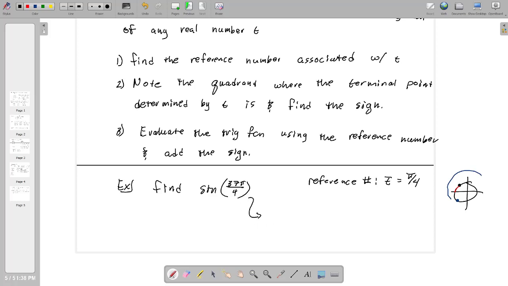So this will equal negative sine pi over 4, where pi over 4 is t bar, that's our reference number, and this sign is because we're in quadrant 3. So normally sine of pi over 4 will be positive because pi over 4 is in quadrant 1. Because 37 pi over 4 gives us a terminal point in quadrant 3, we need to add this negative.